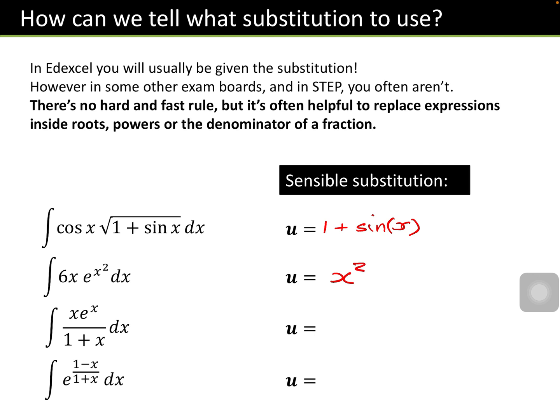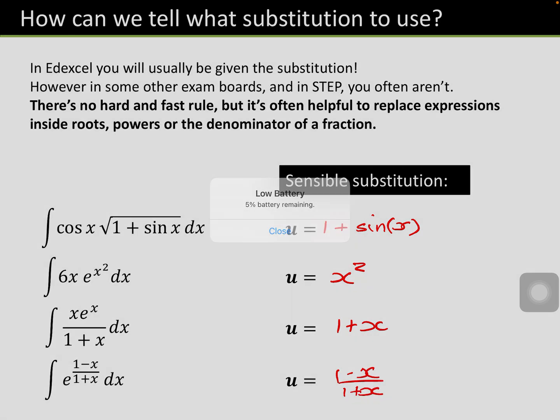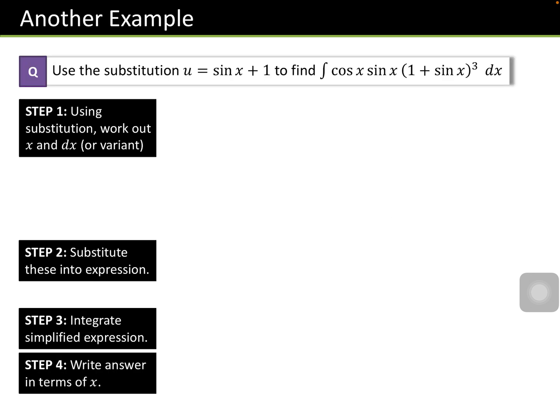For the integral of x e to the x over 1 plus x, we will make u equal 1 plus x, so it will get rid of the expression in the denominator. And finally, you would make u this time actually equal a fraction itself, because again, it's far easier to integrate in terms of u when you've got that in rather than the initial part. Okay. But, as I said, for most of this, you will be given the substitution.